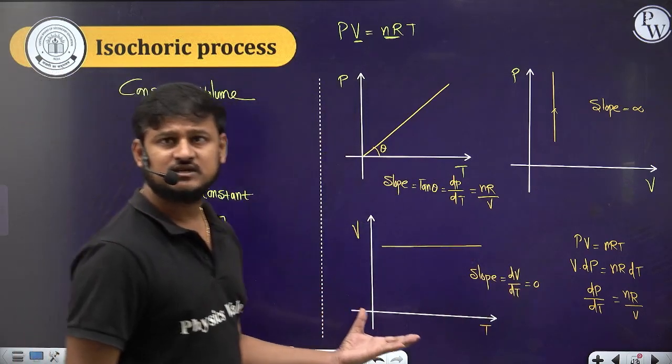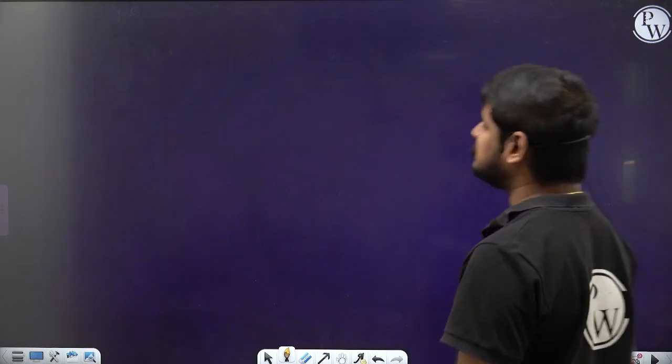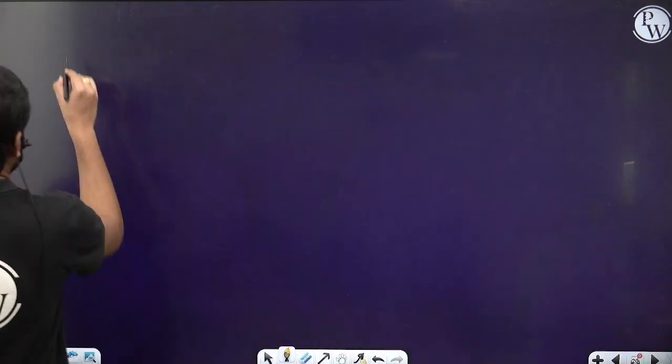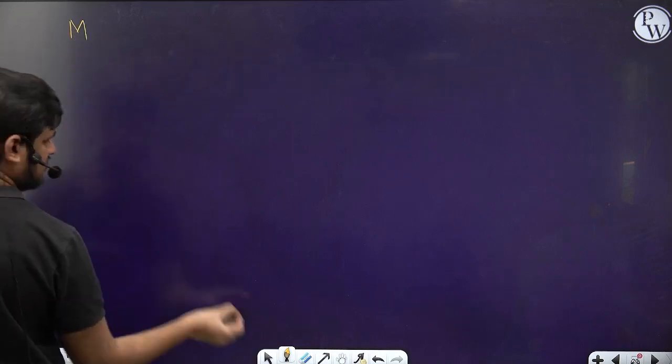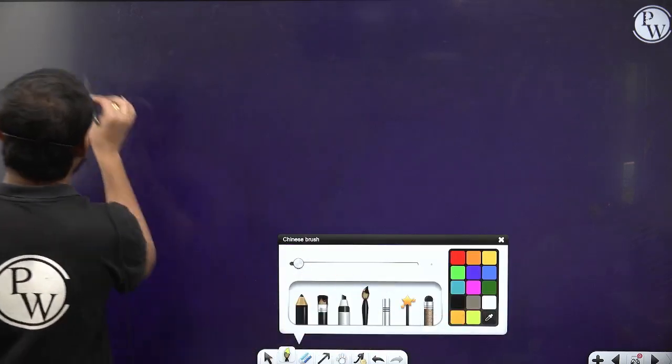Understood this part, guys? Next, what we have to do? The molar specific heat capacity in the isochoric process, you guys have to do now.